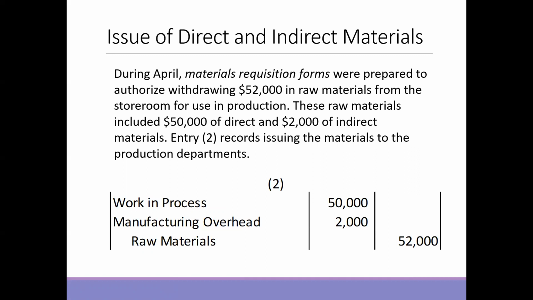The entry for number 2 records issuing the materials to the production departments. Do you see how the direct materials went right into work in process? The indirect materials went straight into manufacturing overhead. And we have to credit the raw materials. That's getting reduced because it's going into other inventory accounts.